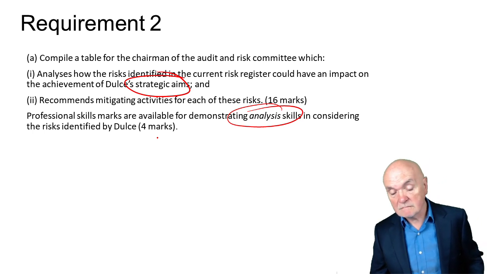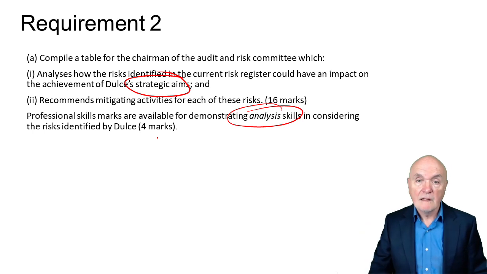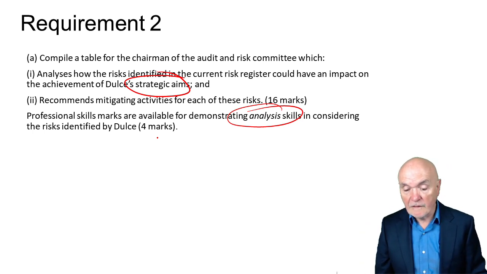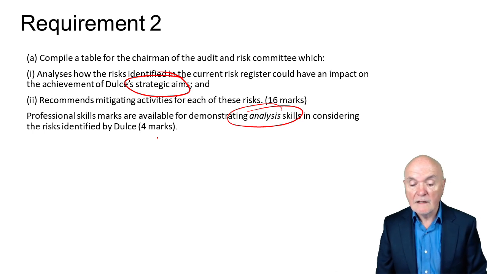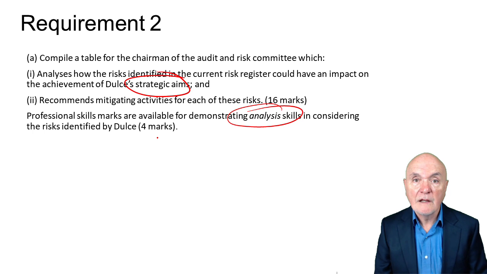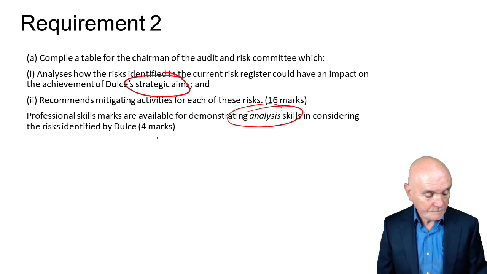That's all it says. And it wants a table. I think what it wants by a table is simply for you to go down the 4 risks and then to have column 1 analysis of how the risks will affect our strategic aims, and then the final column, as saying suggested mitigating factors.